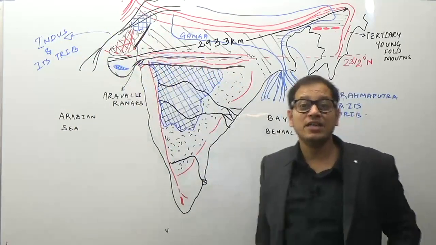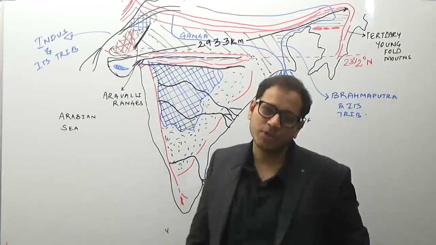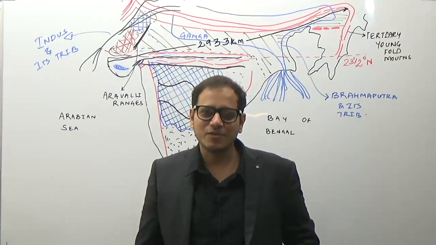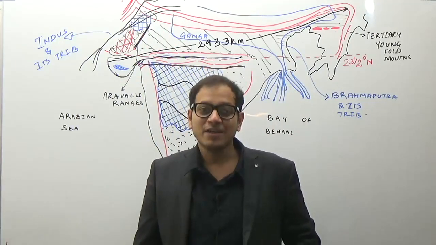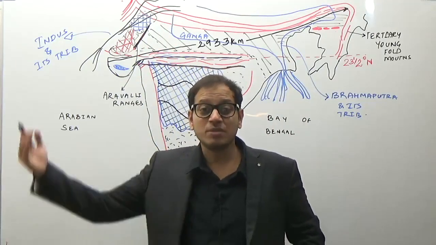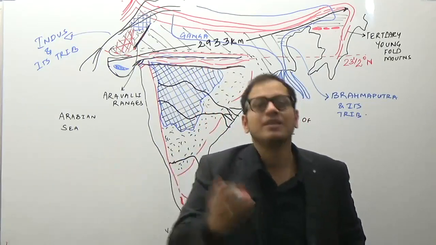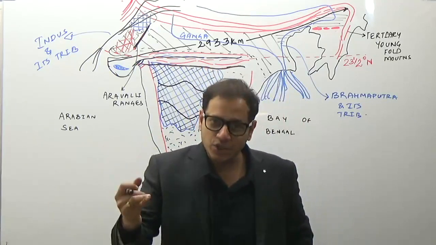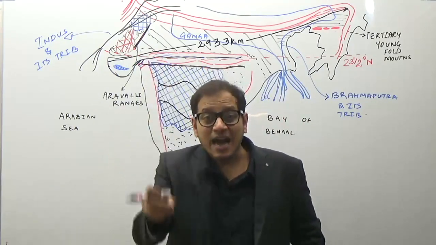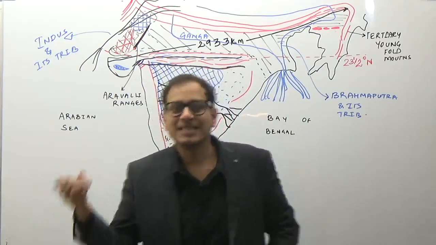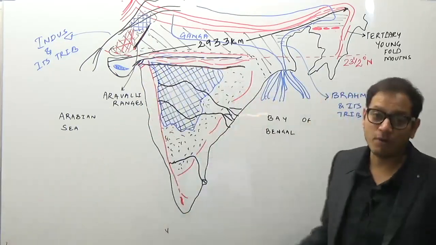These are the oldest mountain systems in the world, and obviously, these oldest mountain systems have undergone a large amount of denudation, that means weathering and erosion, and hence their height is very less. So these are in the form of low hills. The Aravalli ranges are in the form of low hills.